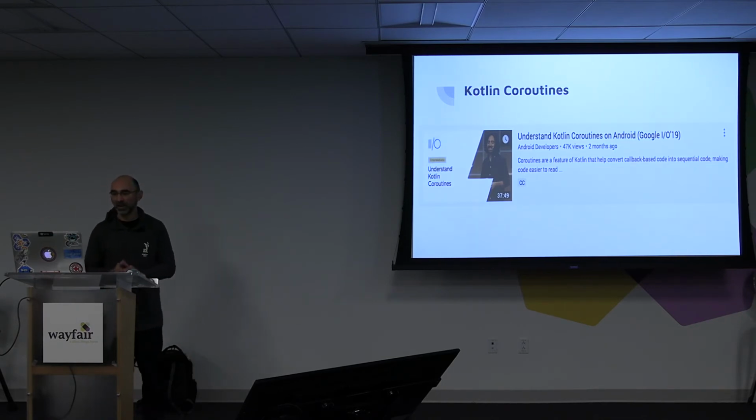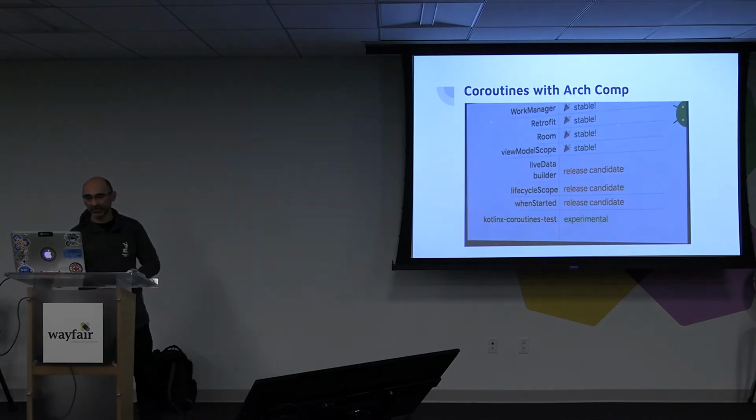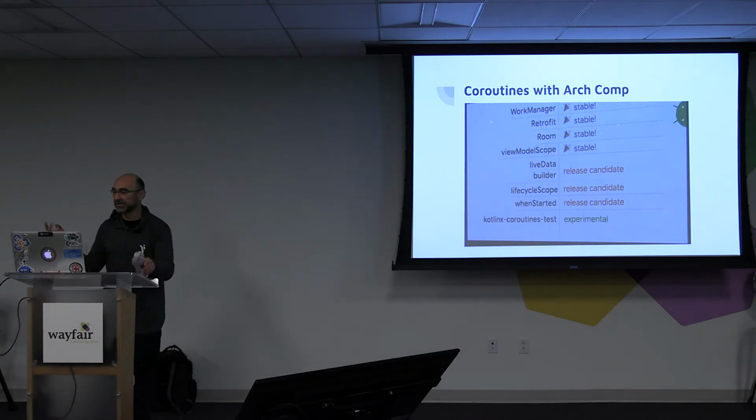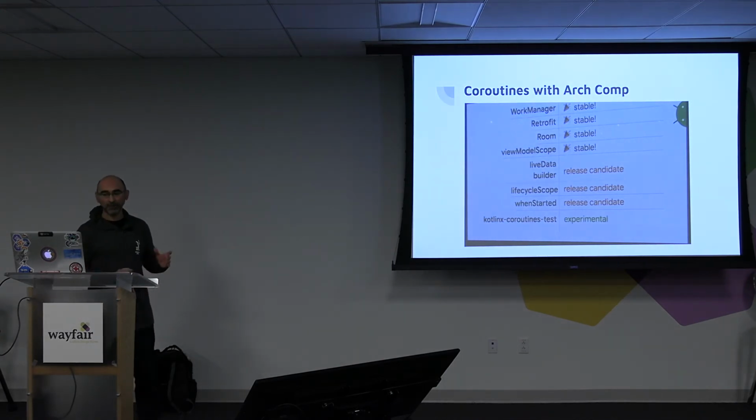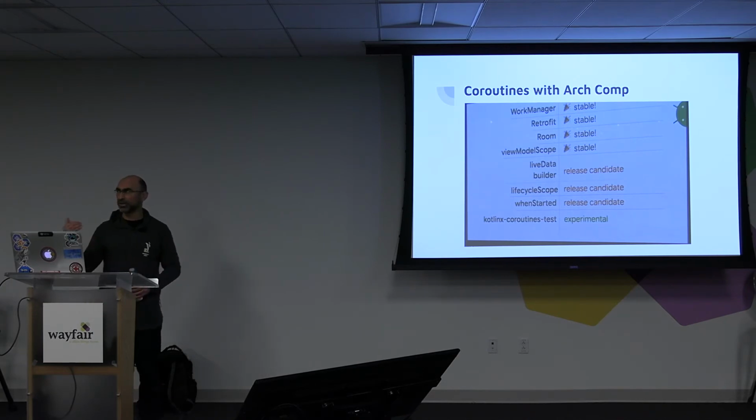Coroutines fundamentally changed how we do Android development. There were some very nice talks at Google I/O about how coroutines are being used by the Android team, and this slide shows you where we currently are. WorkManager has a coroutine worker that is stable. Retrofit now can be suspended and it's stable.